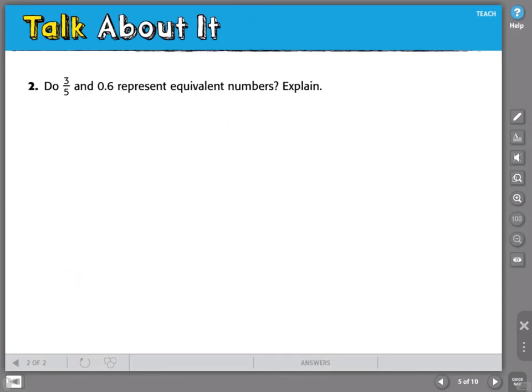Now this is your summarizing question. Do 3/5 and 6/10 represent equivalent numbers? Explain. Use complete sentences to explain whether this fraction and this decimal are equivalent.